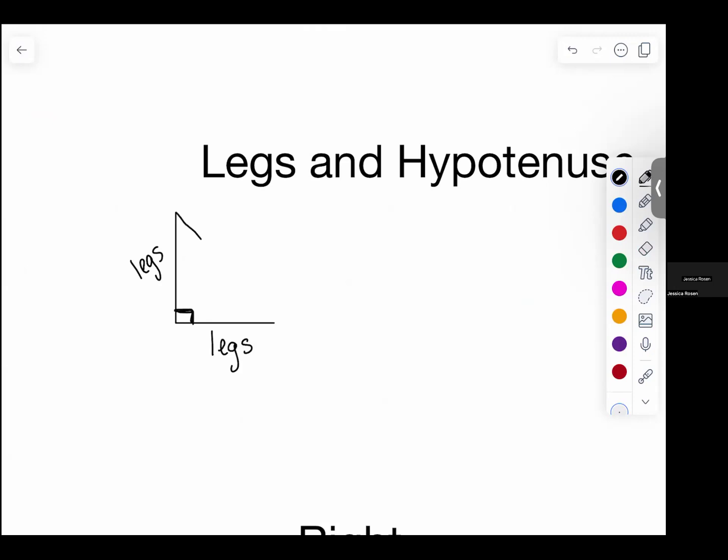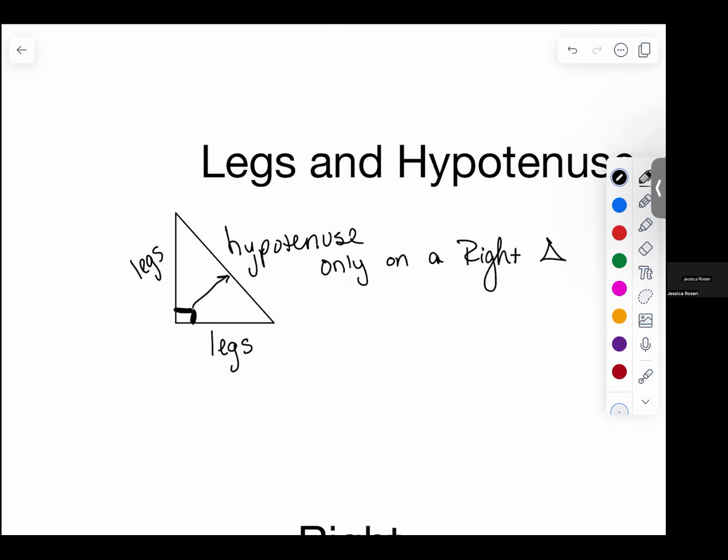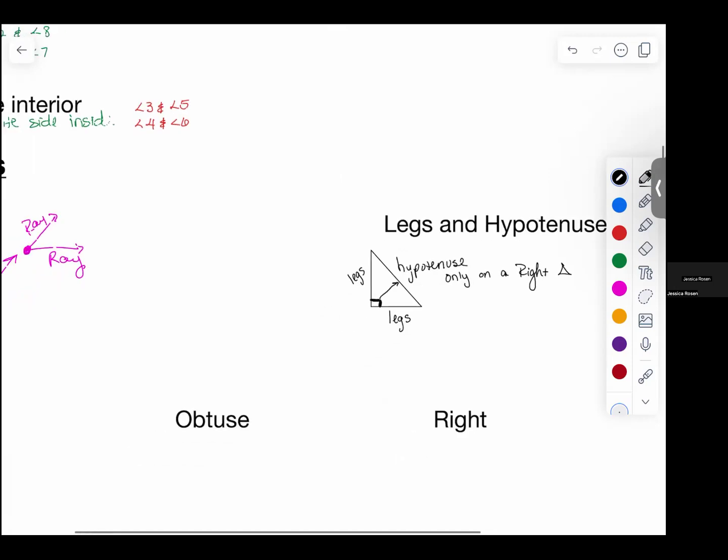And then across from the right angle, that longer side, that is going to be the hypotenuse. And again, that's going to be super important as we solve right angle problems as we go through this. Something to know is a hypotenuse is only ever on a right triangle, meaning something that has a right angle. It's always going to be across from the right angle. The legs are the other 2 sides of any triangle.